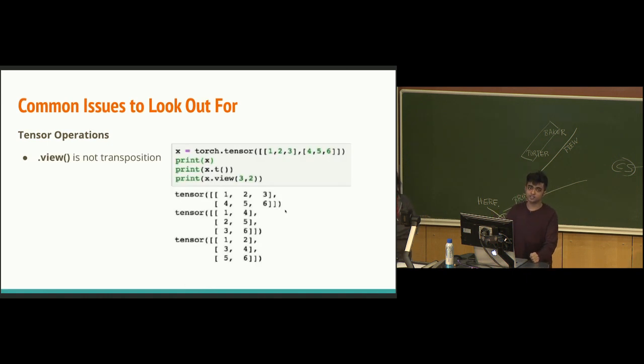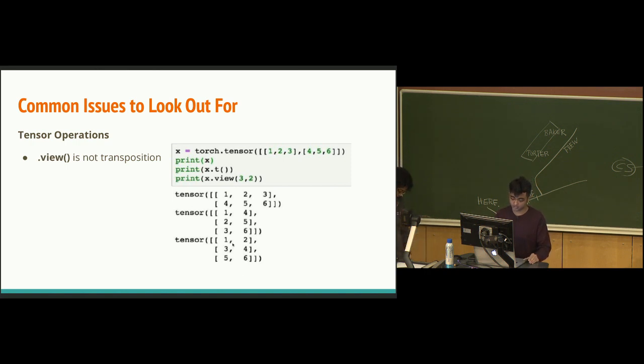Another operation in PyTorch is view. In the view function, you can give different dimensions to a tensor. Here, X is basically a 2x3 tensor, and if you do .view, the underlying data is the same. It's just that the dimensions change.